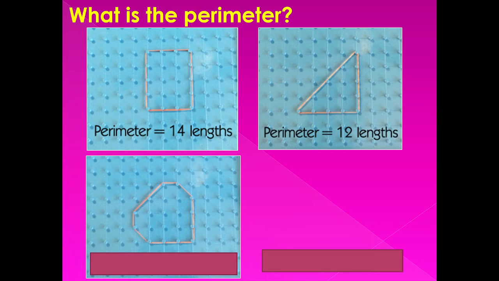And how do you call this one? Is this a quadrilateral, a pentagon, a hexagon, an octagon? Pentagon. How many sides do you see in this polygon over here?